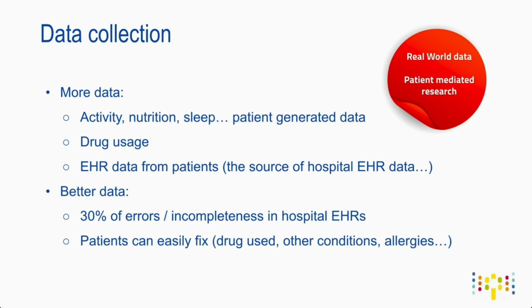So if you change drugs, nobody knows in the hospital. If you have other conditions, sometimes they don't know. If you develop a new allergy, they don't know either. So having the patients in control of the health data and being able to add more information is very important, because they can then fix the information.